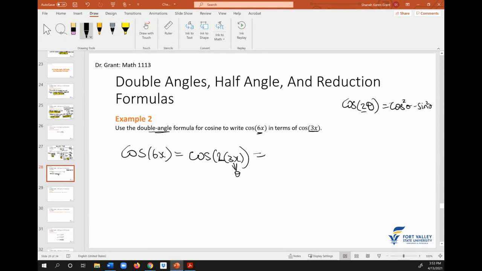So we're just plugging that in. So again, my theta is 3x. So this is going to be cosine squared 3x minus sine squared 3x.